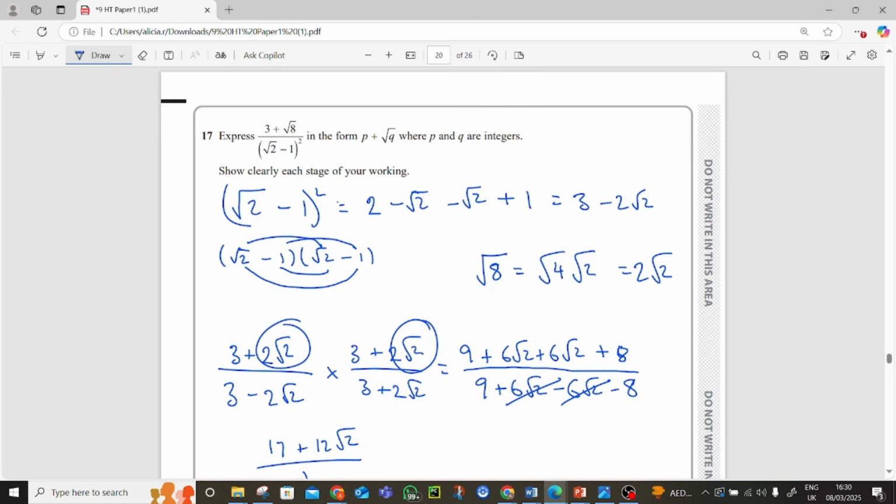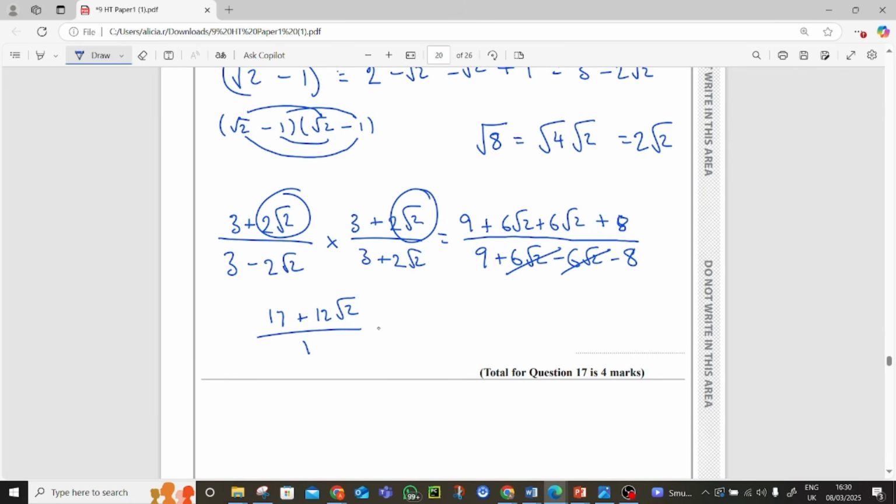But if you look at the question, it's asked us in this form: p plus root q, where p and q are integers. So the 17 is fine. That's p. This is not okay. This is not one number. So I'm going to rewrite 12 as being the square root of 144. Square root of 144 and 12 are the same thing.